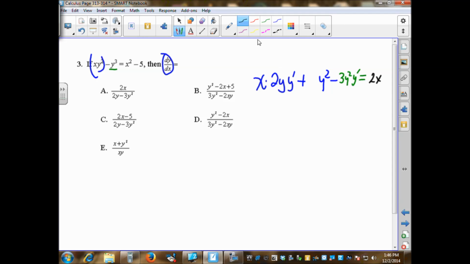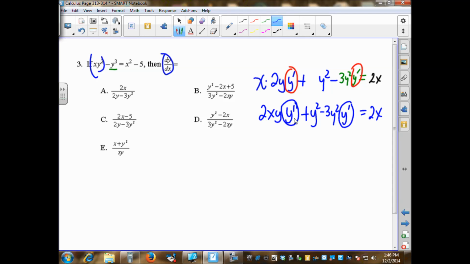Okay, so this time we are going to have to solve this for y derivative. So let's collect a few like terms. Let's see, that will be 2xy y derivative plus y squared minus 3y squared y derivative equal 2x.